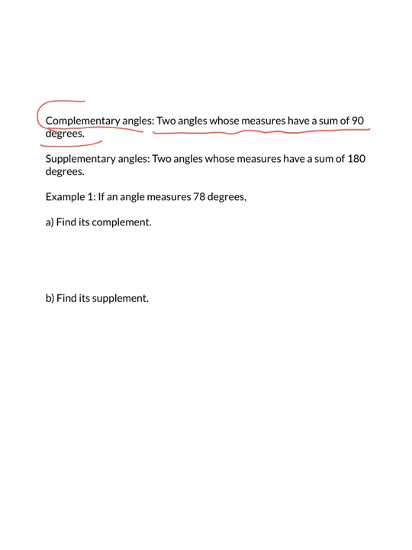So complementary, or even just complement, you want to think of the number 90. Supplementary angles are two angles whose measures have a sum of 180 degrees. So when you hear supplementary or even just supplement, you want to immediately think of the number 180.